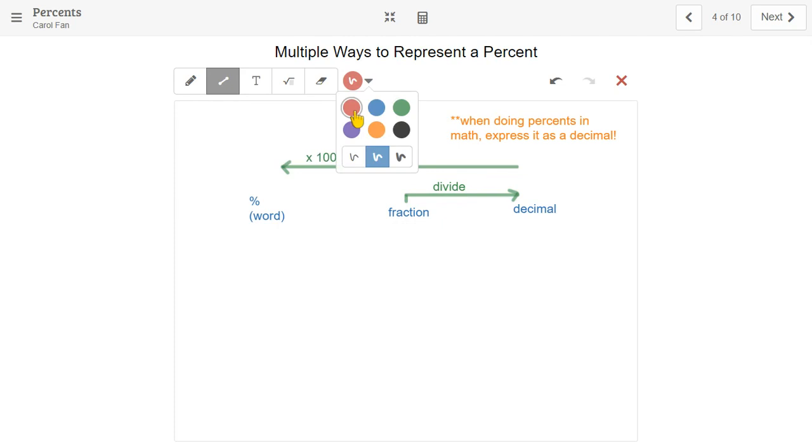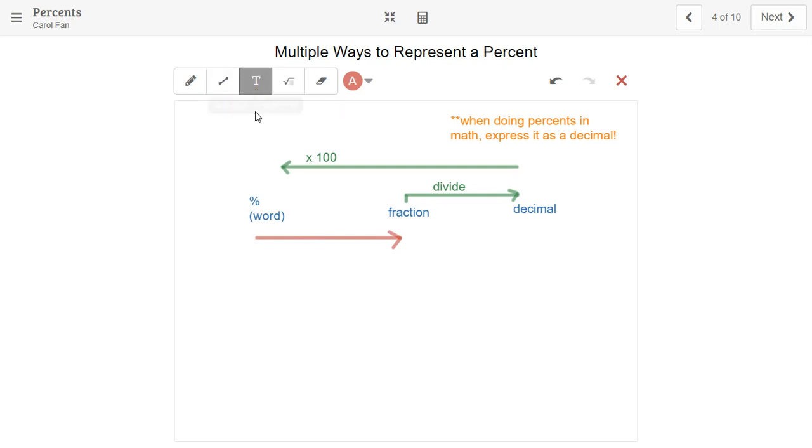Now, if we're going the other way, let's say we're going from a word into a fraction. We're going to make it a fraction by putting it over 100.